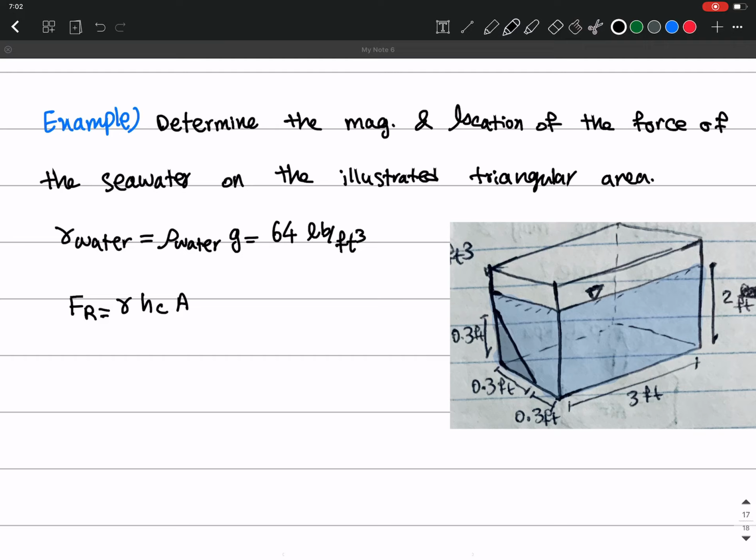So if we had a rectangle here instead of a triangle, what would the h_c be? The h_c would be the center, right? For a rectangle, h_c would be 0.15 foot from the bottom of that.